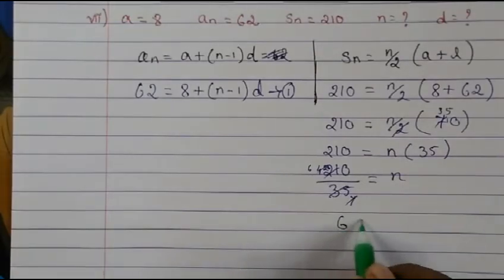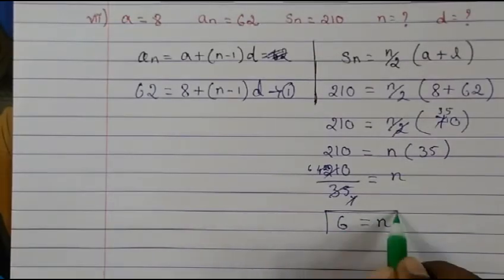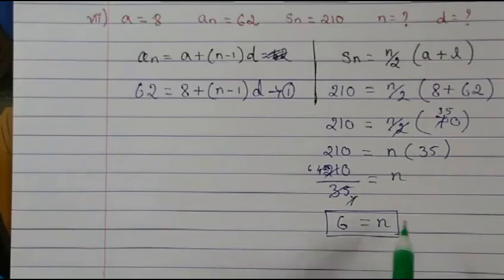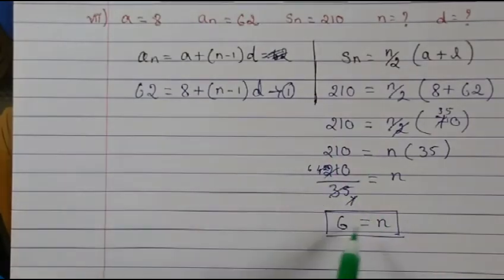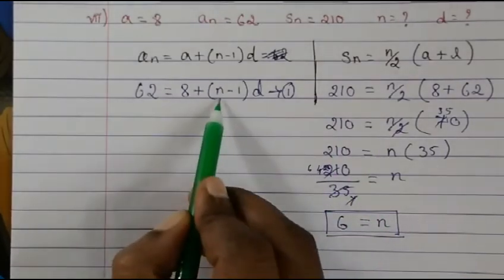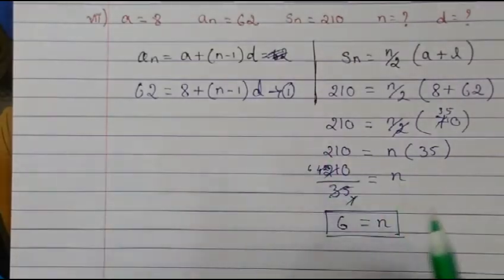So that means 6 equal to n. So n value is 6. So we found out the n value. So put this n value in equation 1. If we put the n value in equation 1, then we can find the d value.